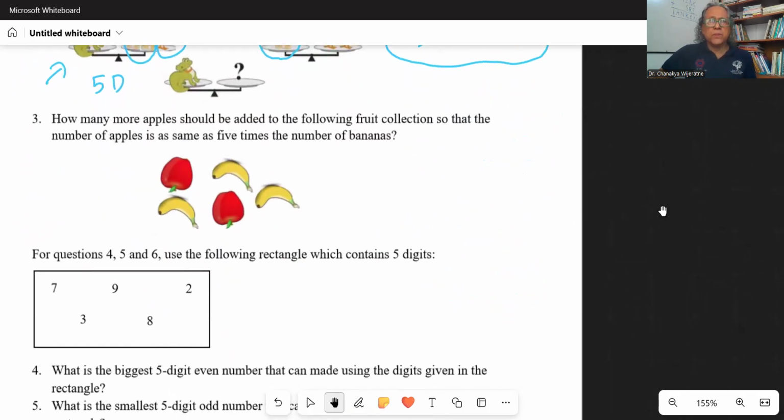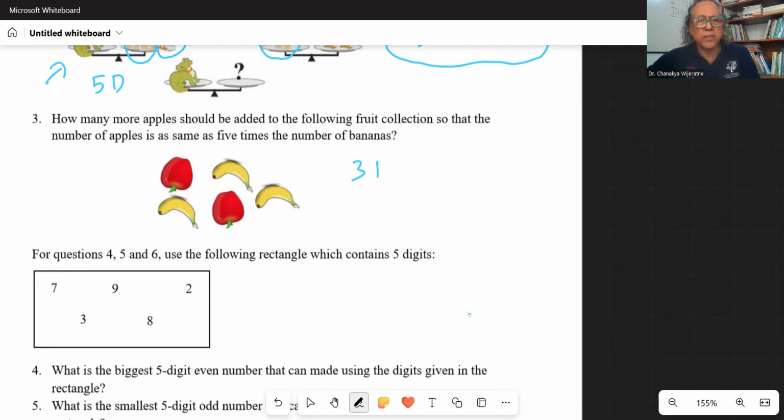How many apples should be added to the following fruit collection so that the number of apples is the same as 5 times the number of bananas? Let me make sure that this has been recorded. Yes, it is being recorded. So how many bananas in the fruit basket? There are three bananas.